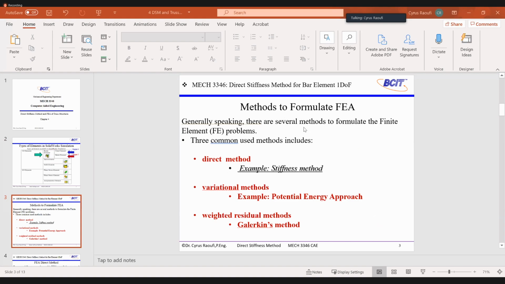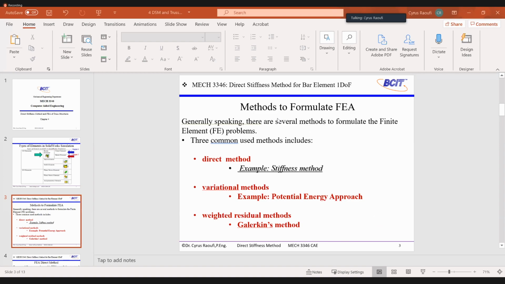Generally speaking, there are several methods to formulate the finite element problem. Finite element analysis is a numerical approach. And in terms of using a numerical approach, we may have different methods to use.